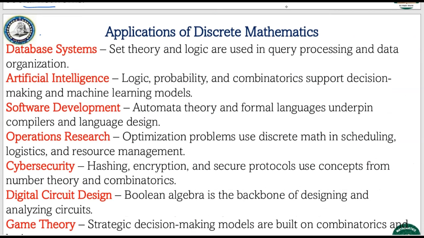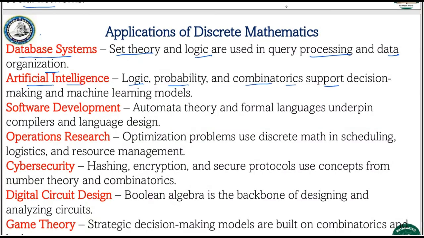Next we have database systems. In database systems, set theory and logic are used to process and organize the data. Then artificial intelligence: logic, probability, and combinatorics support decision making and machine learning models. Then software development: automata theory and formal languages are used to compile and design languages.